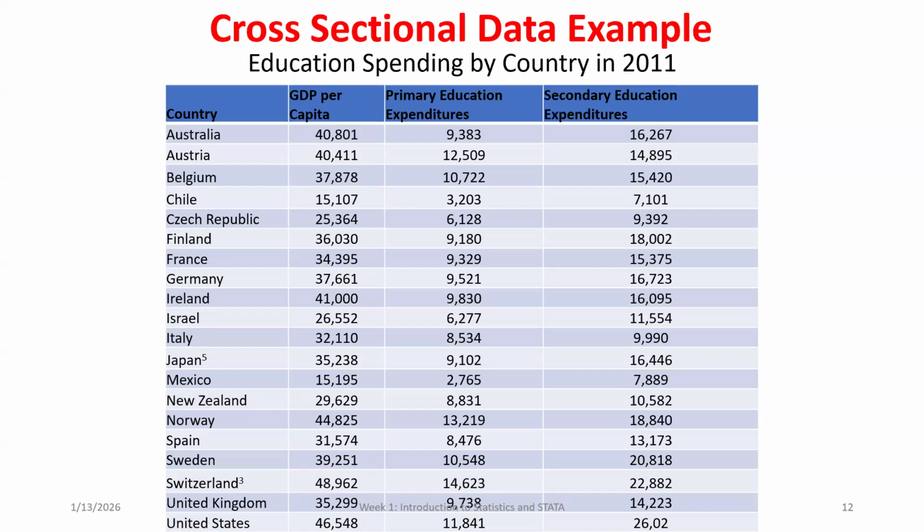So here I have many countries, but I can have multiple variables, all collected at one point in time. In this example, this was all from 2011, and for every one of these countries, I have their GDP per capita, primary and secondary education expenditures. So we don't just have to have one variable in these cross-sectional data sets. We can still have multiple variables. It's just they're all recorded at one point in time. Okay?